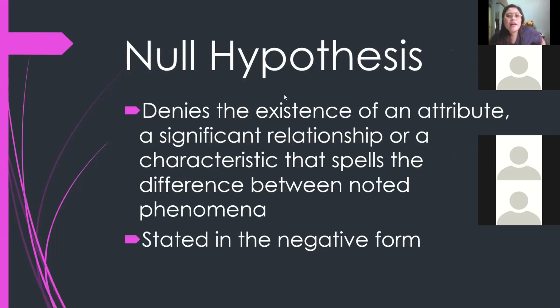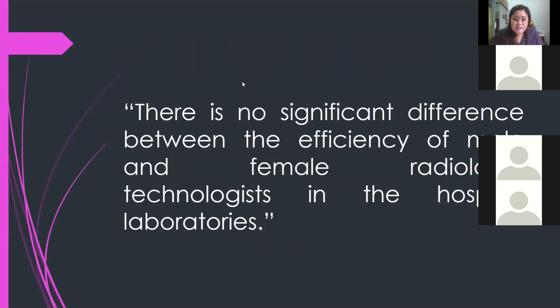So when you say null hypothesis, this denies the existence of an attribute, a significant relationship, or a characteristic that spells the difference between noted phenomena. Ginadeny ang existence sa significant relationship or difference or characteristic sa ato ang mga variables. So since we are denying their existence, the null hypothesis is stated in the negative form.